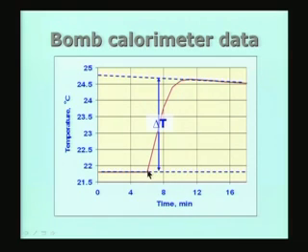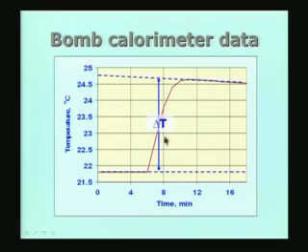The combustion is over very soon, and the temperature increases and goes to a maximum value here, and then it starts coming down again because of the small amount of loss which may be in the system, just like what we had in the case of the calorimeter we discussed earlier.